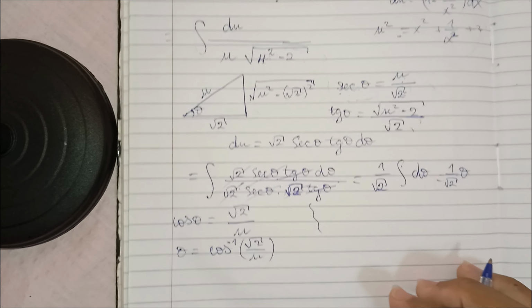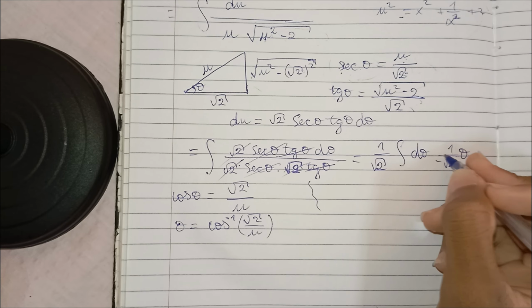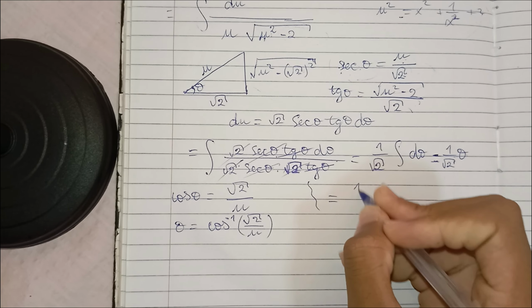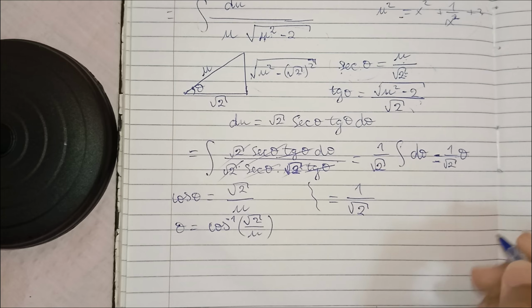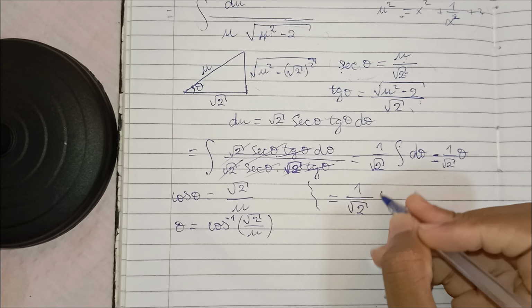So coming back to our integral here, we get 1 over square root of 2. Here is the inverse cosine of this.